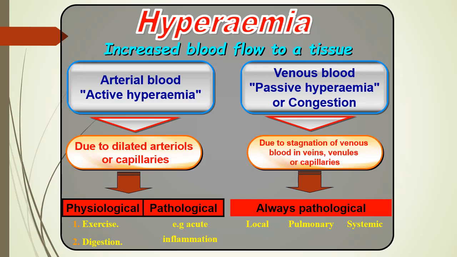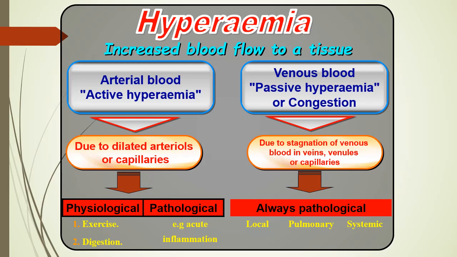Active hyperemia is seen in the following conditions. It may be physiological or pathological. Physiological conditions: it can occur in muscular exercise, in which hyperemia occurs in skeletal and cardiac muscle, or in case of digestion, in which hyperemia occurs in the splanchnic area.